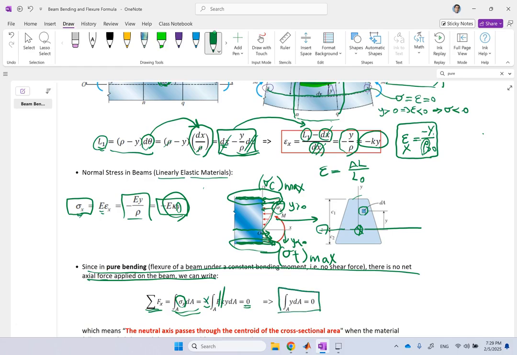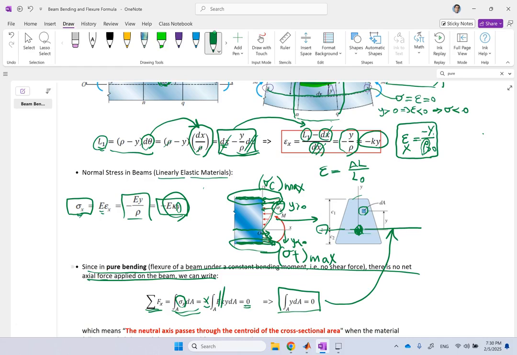What does integral of y dA 0 mean? About which point the first moment of area of a surface is 0? The only place that can have first moment equal 0 is the neutral axis. So you see that the location of the neutral axis is the location of the centroid.